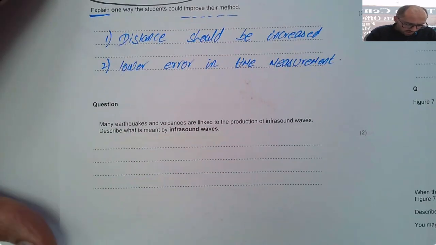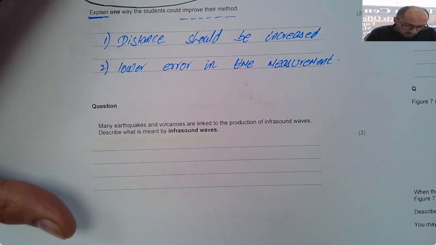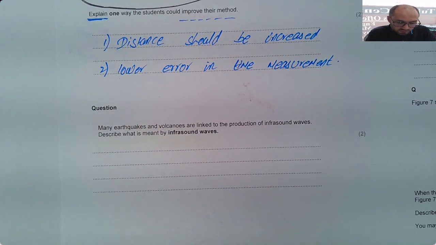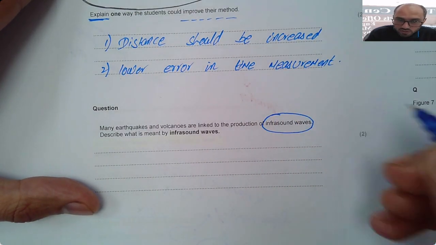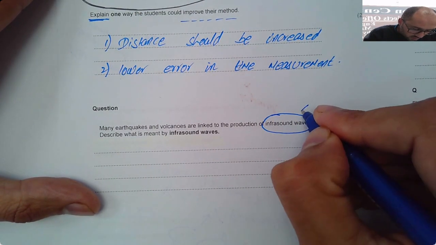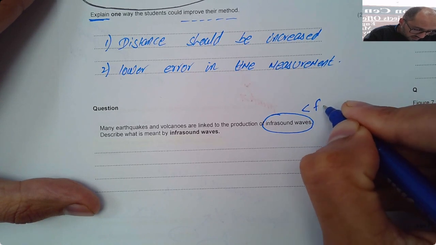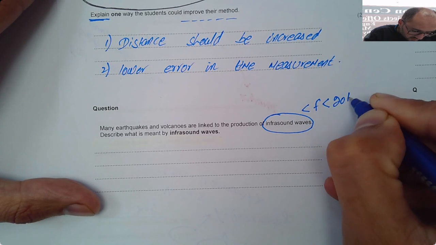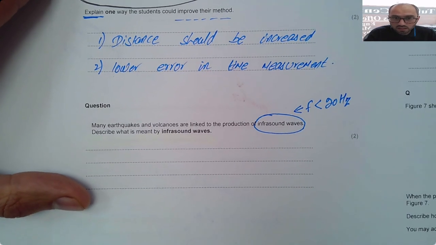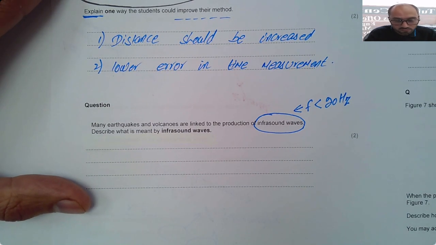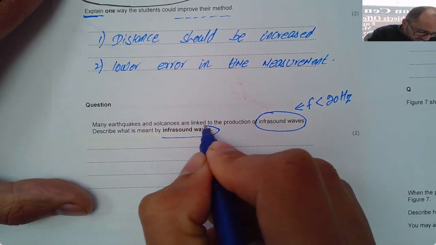Next question. Many earthquakes and volcanoes are linked to the production of infrasound waves. So what are infrasound waves? If you recall, these are the waves which have frequency less than 20 hertz.